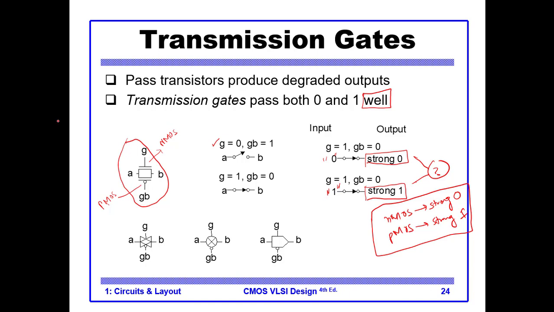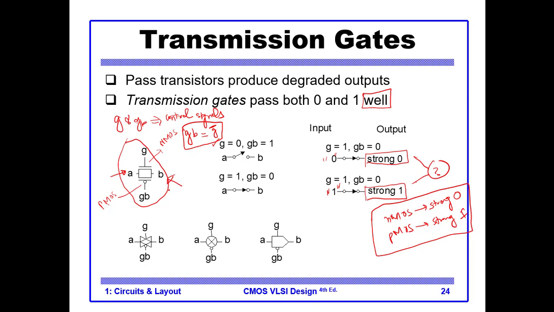For this you have to look at where the inputs are connected. G and G bar are control signals. They are not your inputs. G bar is this one, it is not of G. The inputs are this one and this one.